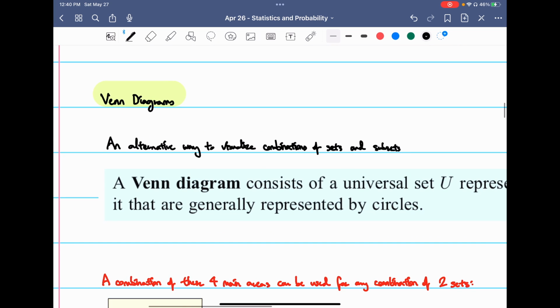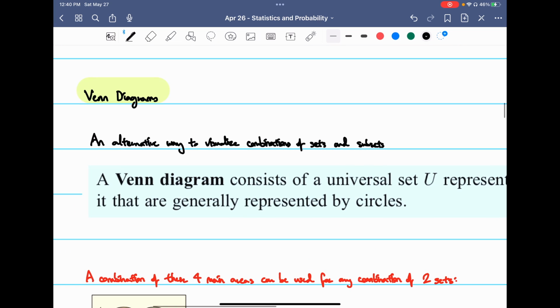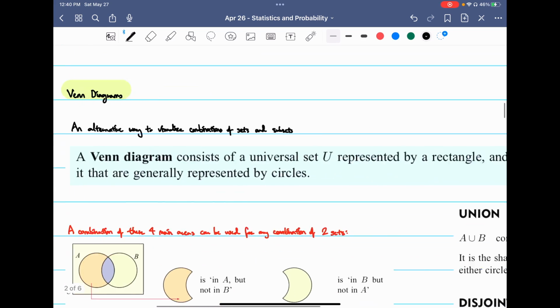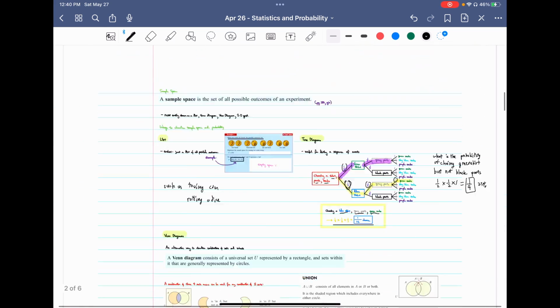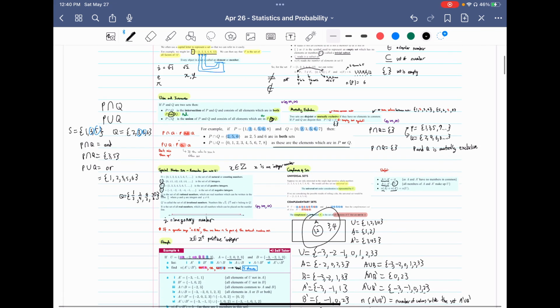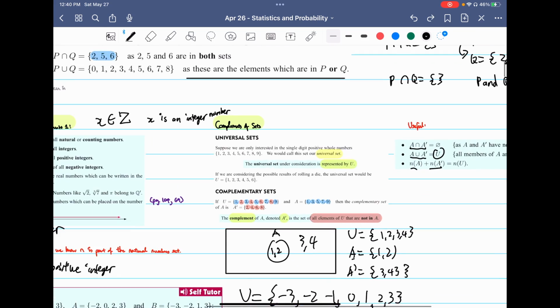Venn diagrams are an alternative way to visualize combinations of two sets or subsets. And I kind of implied that Venn diagrams are important earlier in the unit, while explaining complement sets.